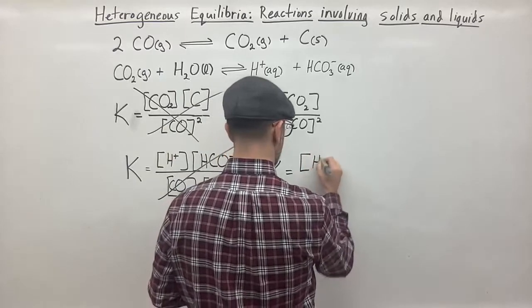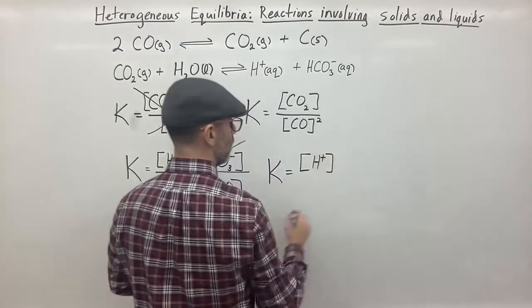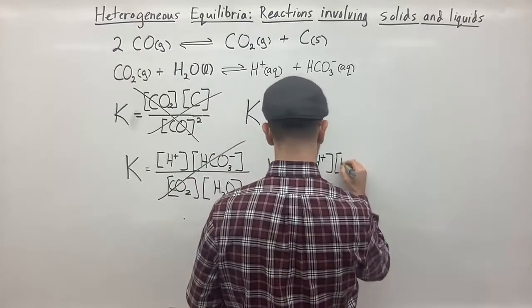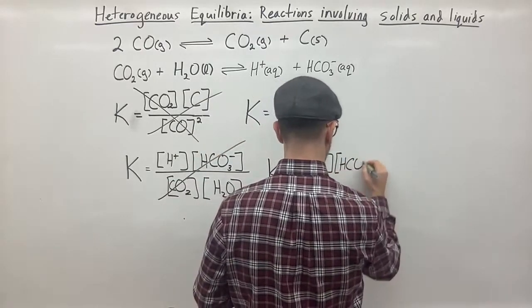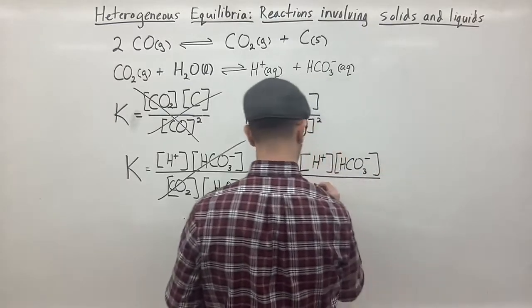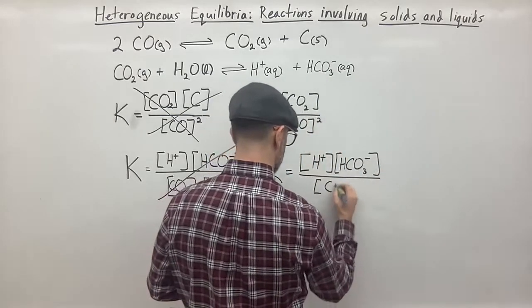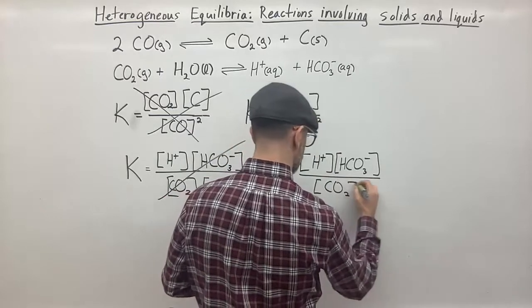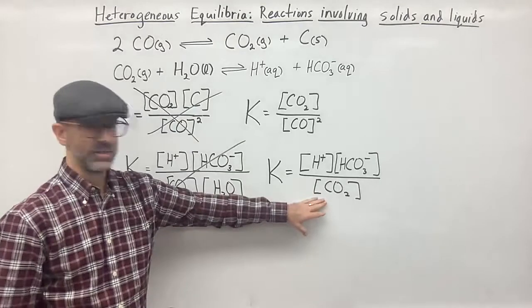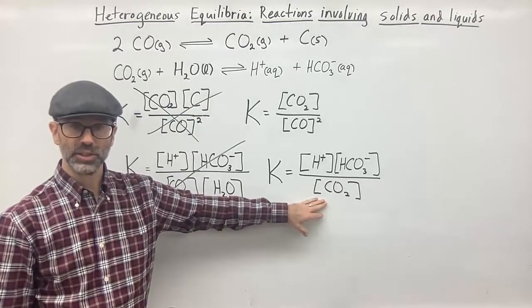So we have the H plus on the top multiplied by the concentration of HCO3 minus, all over the concentration of CO2. And so that would be the correct expression.